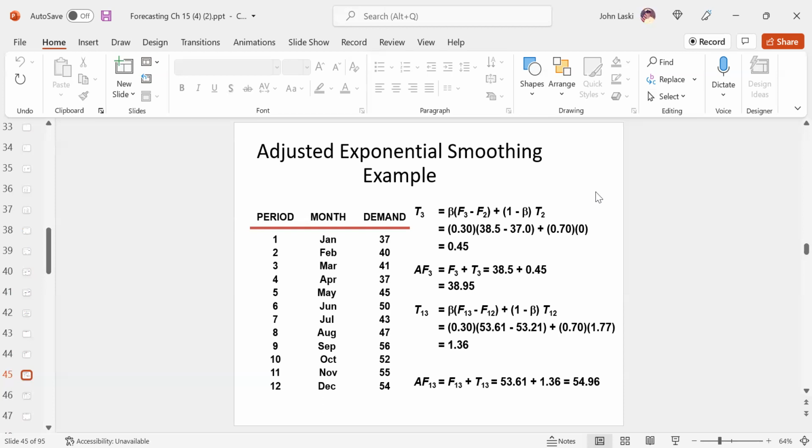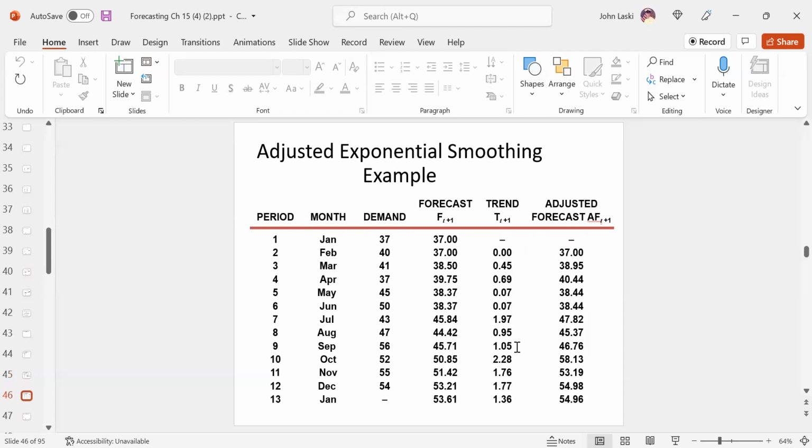I'm not giving you homework, but I am tasking you to follow this all the way down to the 13th period. And you'll start to see that we did the forecasts all the way down to the following January. We identified the trends all the way down to the following January. We identified the adjusted exponentially smoothed forecasts all the way down to the next January.